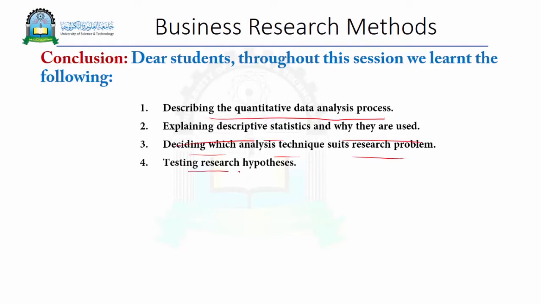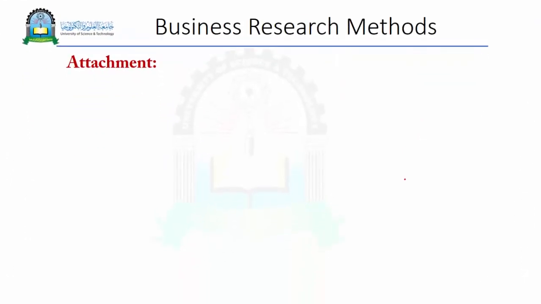Also testing the research hypothesis using the analysis techniques: when we use bivariate testing, the relationship hypothesis, and when we use multivariate testing, the regression analysis. Discussing the researcher's role in interpreting the data was also one of the issues we have discussed here.